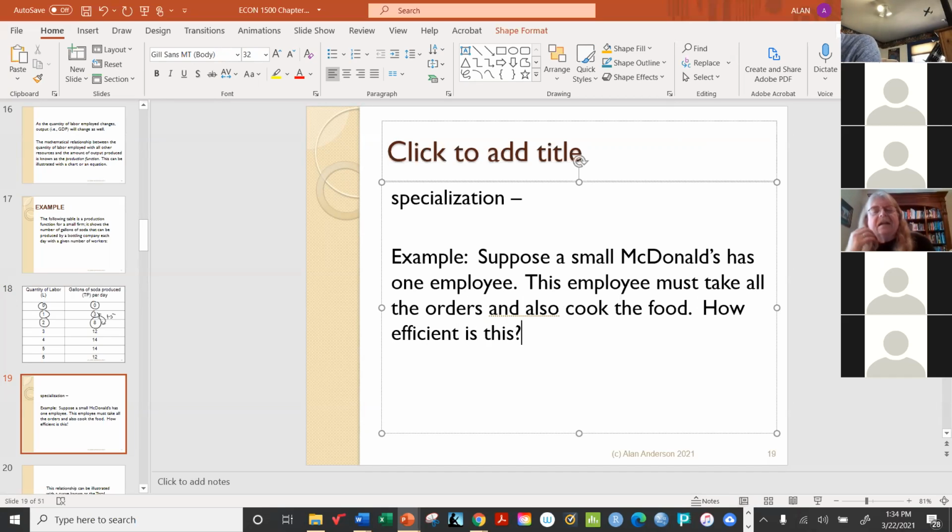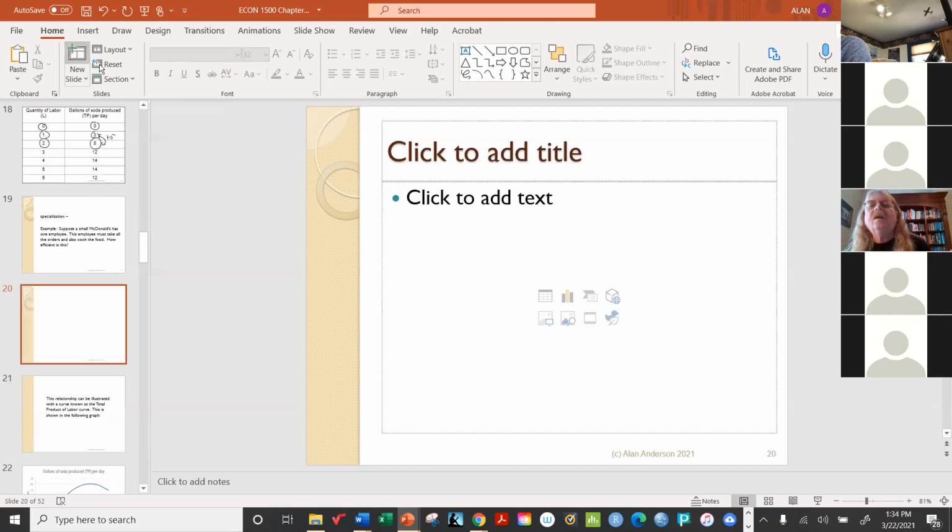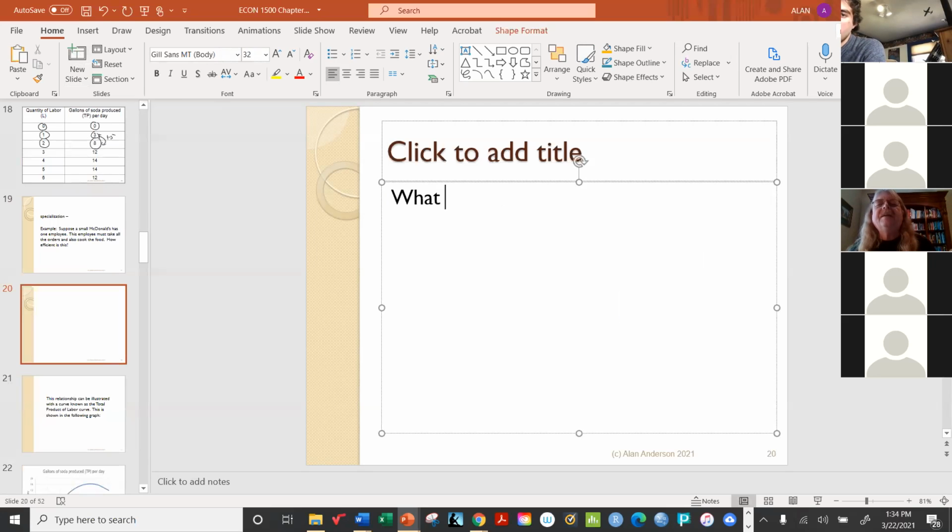Not. This poor person is just taking the orders, then running in the back and cooking away and then bringing the food in the front. And then they start the process all over again. So the smart owner of this McDonald's says, you know, this is kind of ridiculous. Why don't we try this? What happens if a second employee is hired?